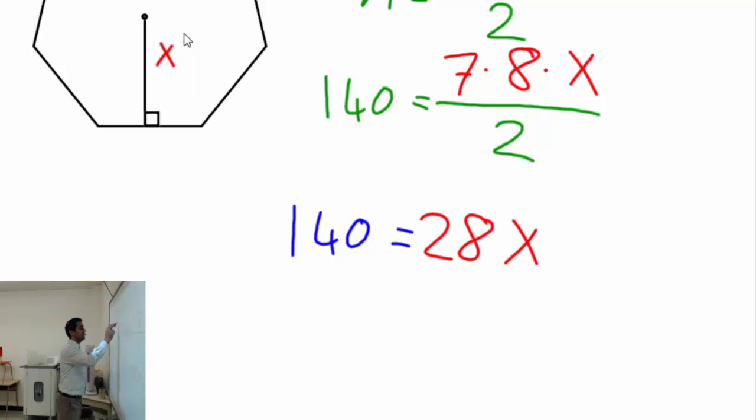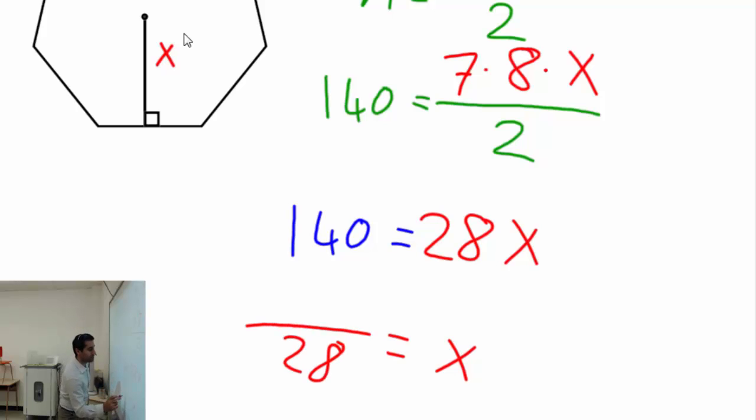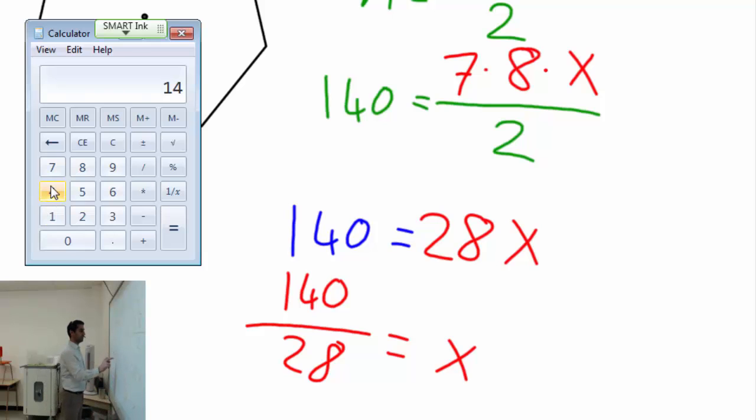28x. You now well know that 28 is the multiplication here, so it's going to go to the other side as the division. X, division line, 28 there, 140 here. So what is 140 divided by 28? That will give me 5.